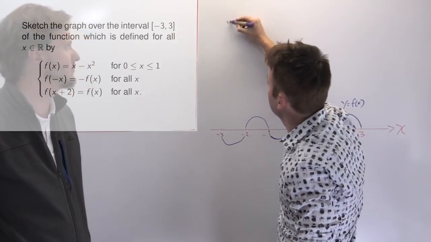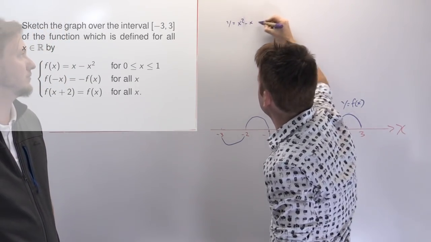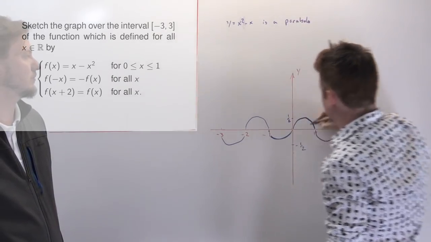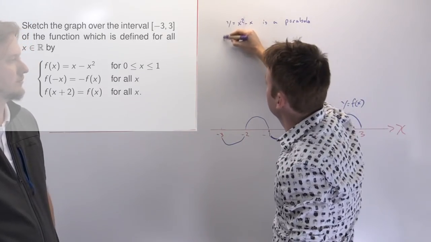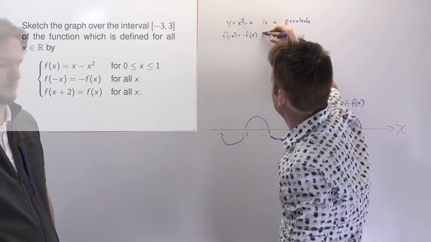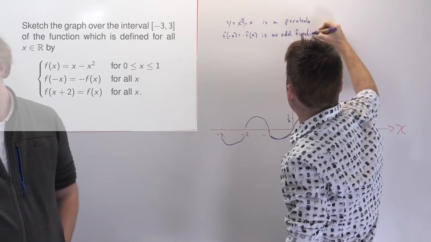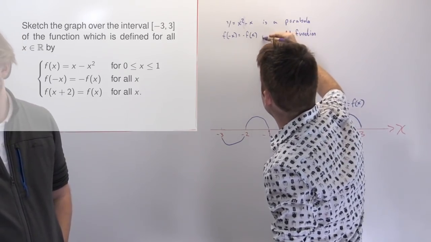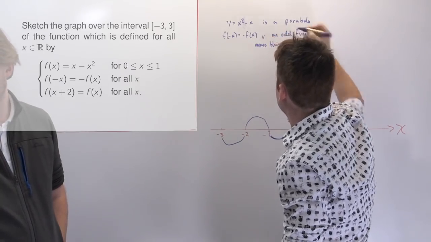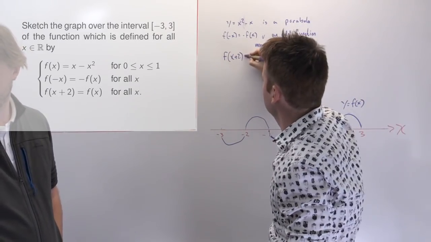So y equals f of x, x minus x squared in this section, and then f of negative x, I shouldn't say is, it means this is an odd function, and finally f of x plus 2 equals f of x.